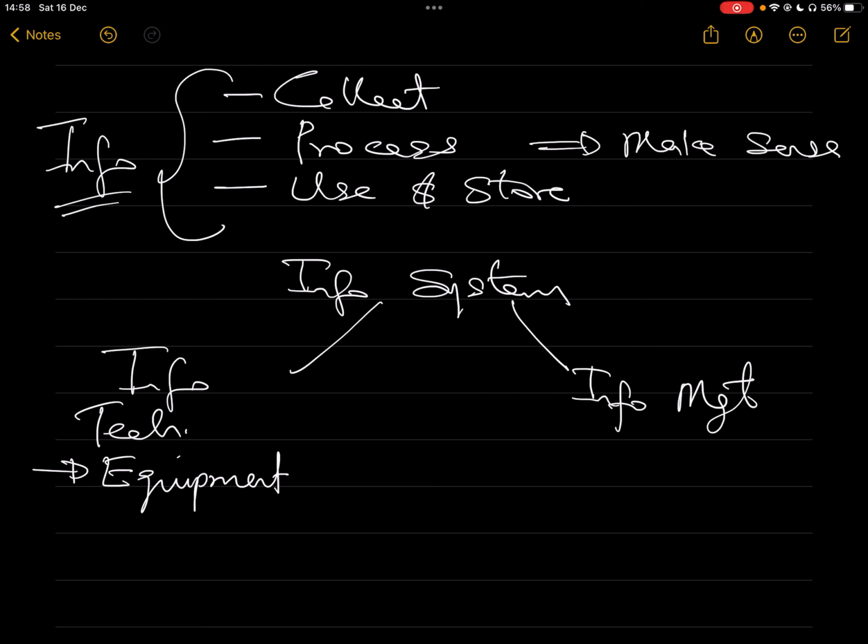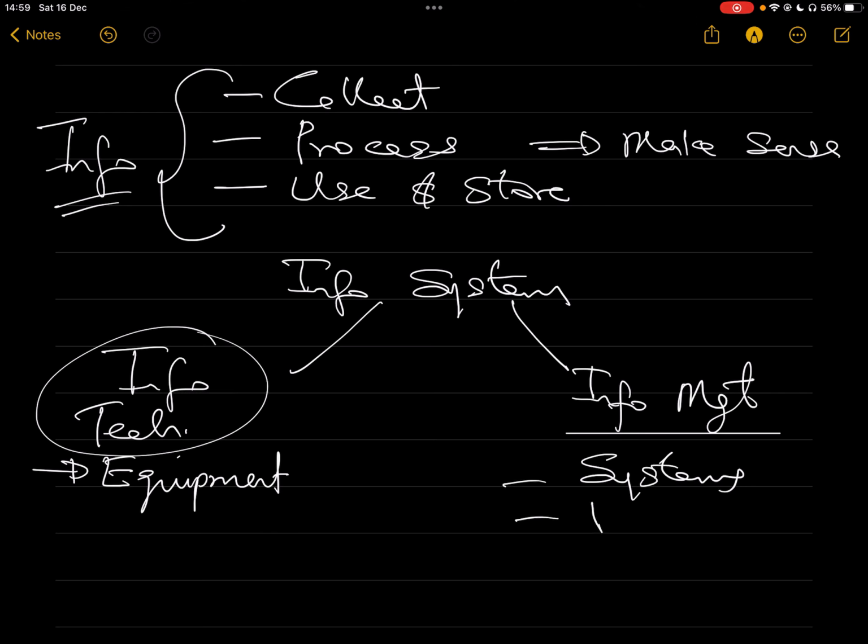When you look into gathering the right equipment, what you are doing is information technology. But when you are looking at what the policies are, what the guidelines are, how we communicate this information, where we store it, who should have access to it, who should not have access to it, that is information management. So it's about the systems, it's about the policies on how information should be controlled.